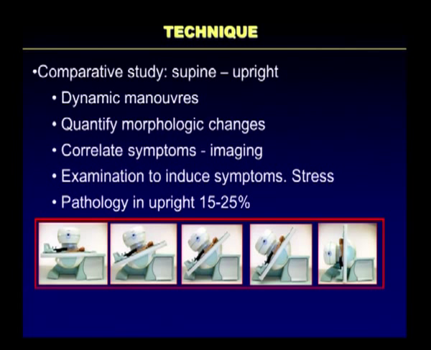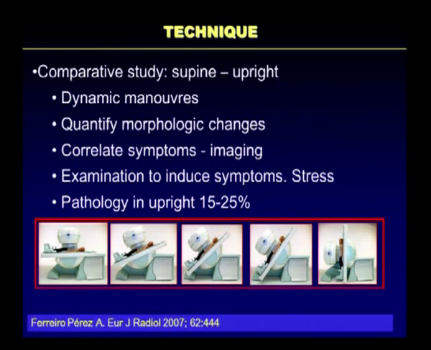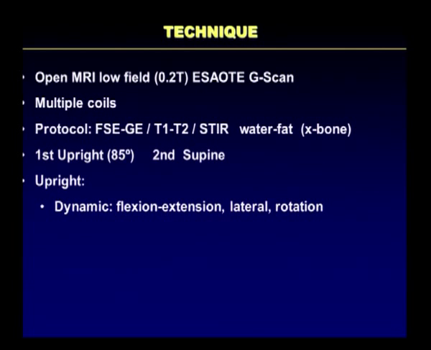We can induce the symptoms by performing stress maneuvers. Different literature reports have shown a range of variation of the pathology using an upright MRI from 15 to 25 percent. Our technique is an open MRI, ESAOTE, using the standard protocols.